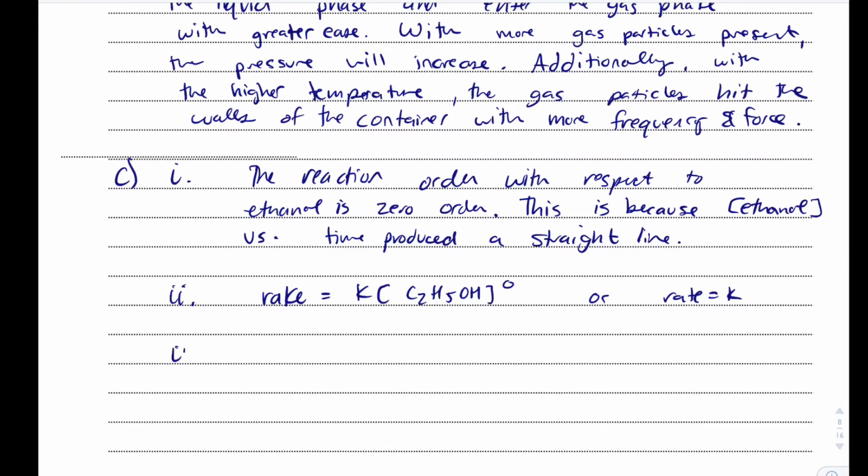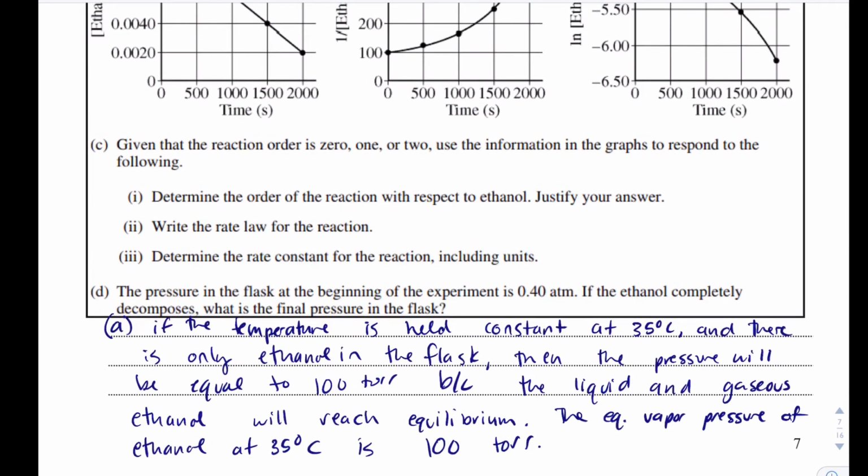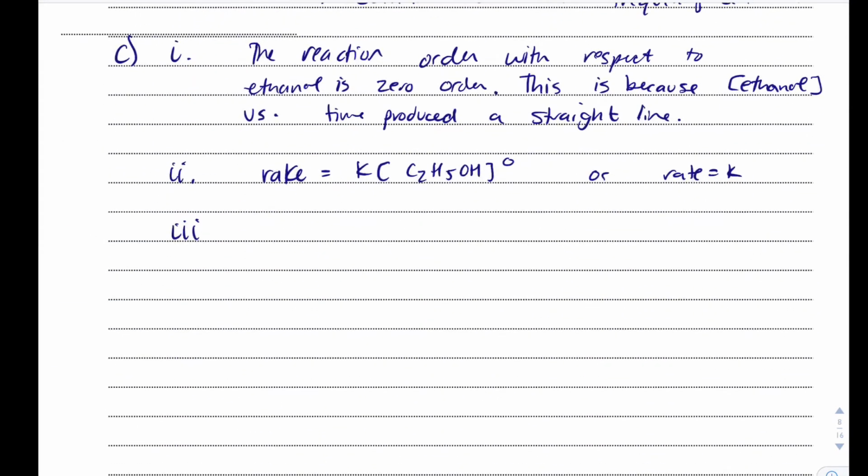And then in part 3, let's see what they say. They say determine the rate constant for the reaction, including units. So let's see if there's a couple ways that we could do this. And they're actually the same way. One way is you could use the slope, which is equal to rise over run, which is equal to y2 minus y1 over x2 minus x1.